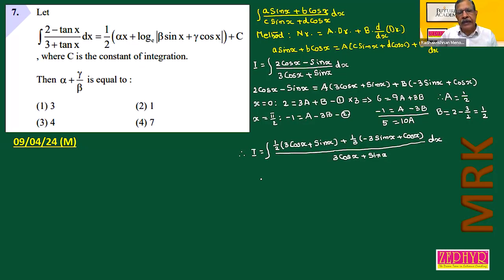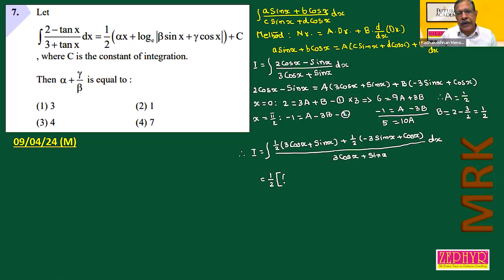Now when we separate this, you are getting 1 by 2 into, 1 by 2 you can take common. When you separate this, in the first term, 3 cos x plus sin x will be getting cancelled.